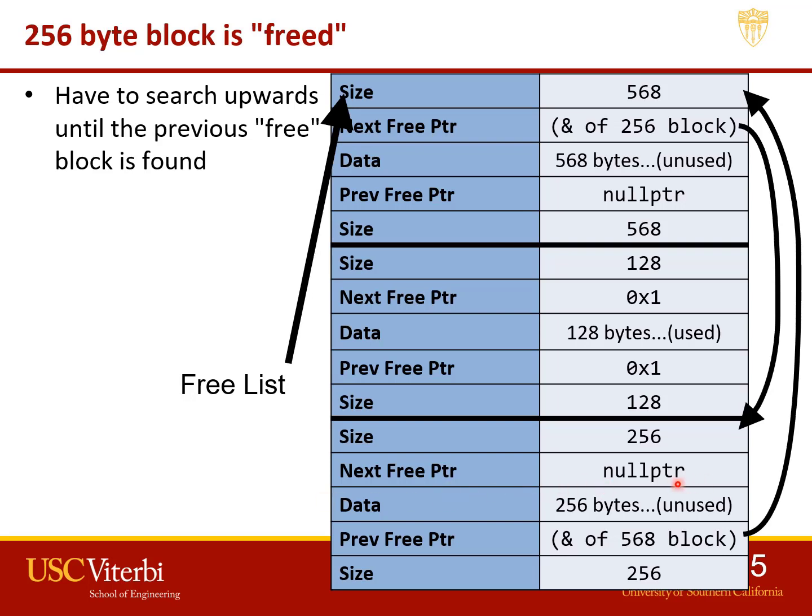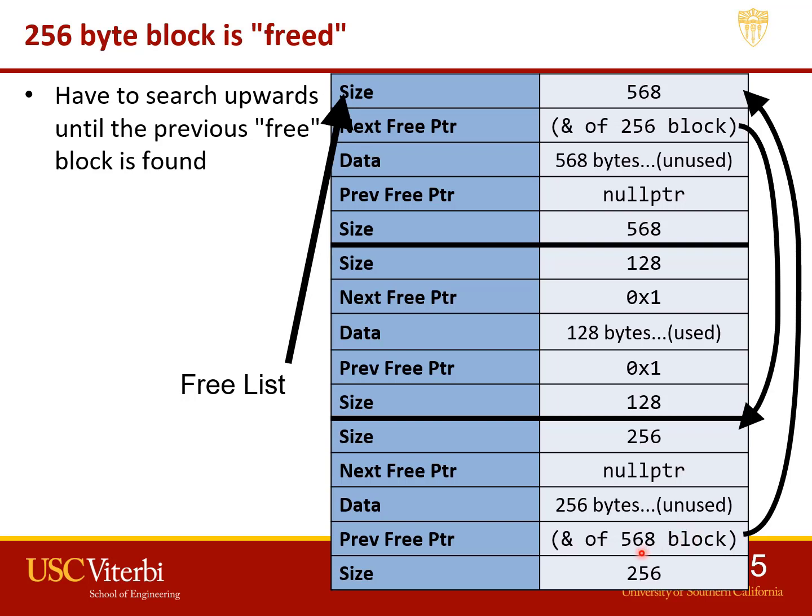So from this address, we back up. There's our magic number. Back up again, and that's the size of that block. That tells us where to find the footer. So now we know how big this whole thing is. We know where the next free pointer goes, and we know where the previous free pointer goes.